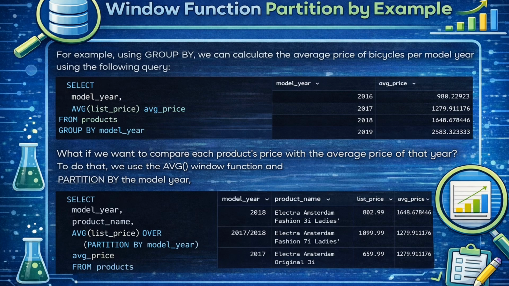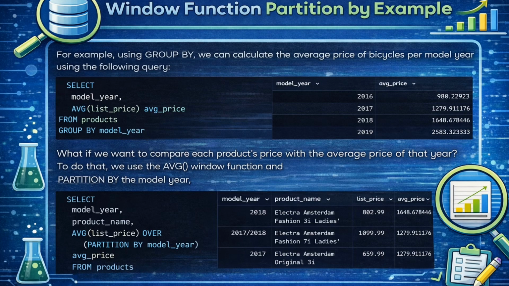Let's understand window functions with partition by using a simple example. First, using a group by clause, we can calculate the average price of bicycles per model year. Here's the query. Select model year and average of list price as average price from products, group by model year.